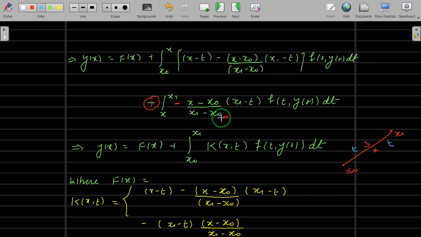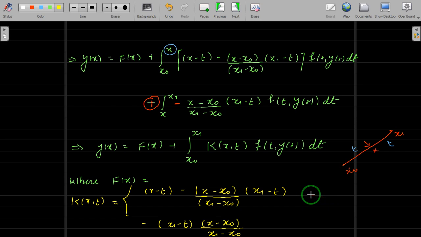When t is less than x, this x is the upper limit for t. So when t is less than x, the value of my function K(x,t) is this bracket, which I have written here: (x minus t minus x naught upon x1 minus x naught) times (x1 minus t).